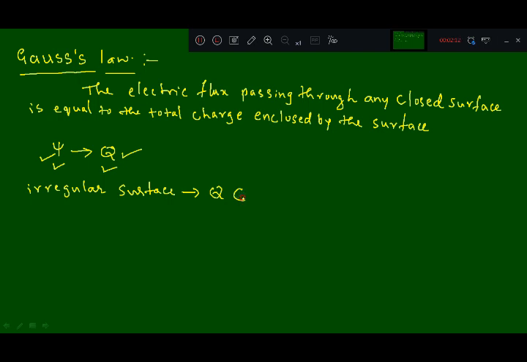Then the direction of the charge coming out of the surface is along its normal.